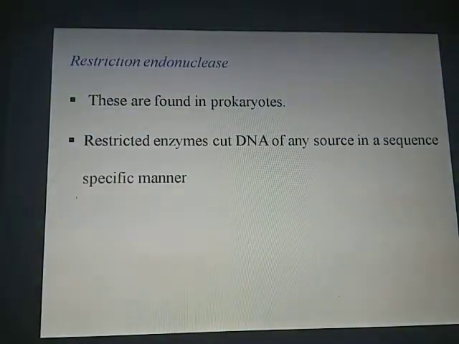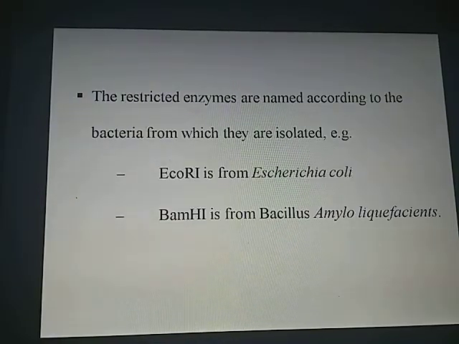Then, what is restriction endonuclease? These are enzymes found mostly in prokaryotes. Restriction enzymes cut the DNA of any source in a sequence-specific manner. Restriction enzymes are named according to the bacteria from which they are isolated.